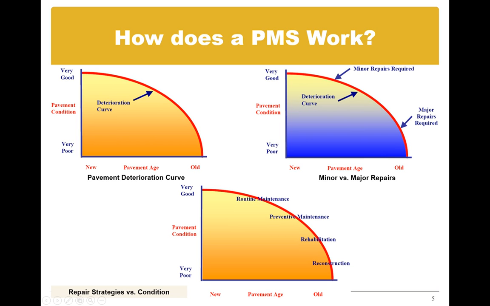And this is gonna lead us now to the second graph right here. Now it's the same thing, pavement condition, and this is the pavement age, but now the pavement condition with time is gonna allow us to really trigger certain types of maintenance activities.